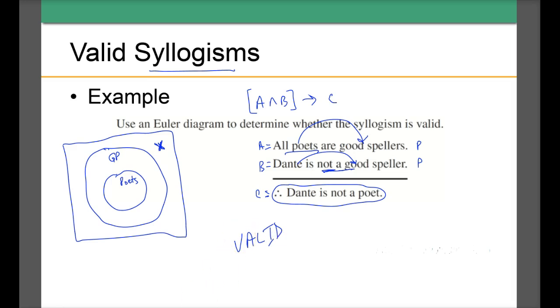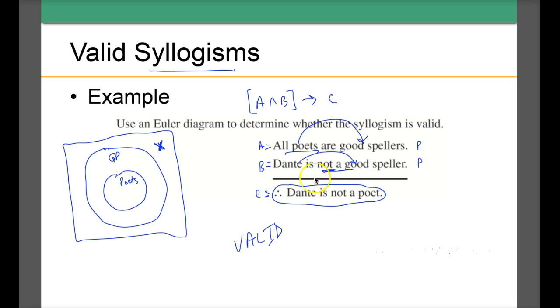Before we look at this other example, I want to make note of one thing. We have these premises here, and these may not necessarily be true statements. Some of them may be false, but we want to remember that an argument can be valid even if the premises or the conclusion is false.